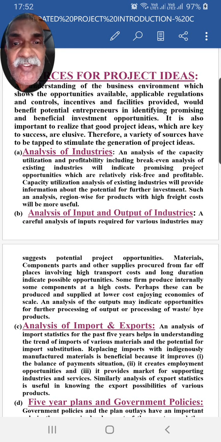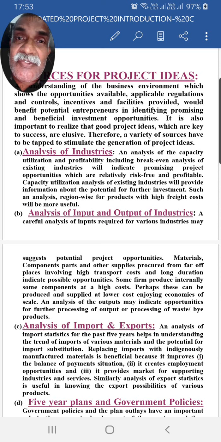Such an analysis, region wise, for products with high freight will be more useful. So we'll have to analyze the products region wise with high freight, which will be more useful for the investor.